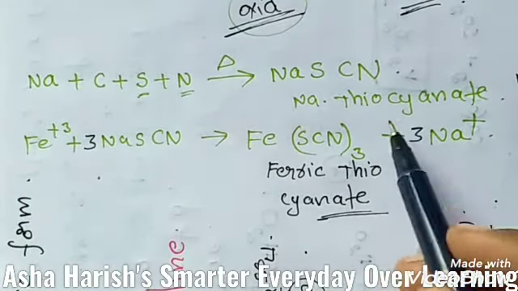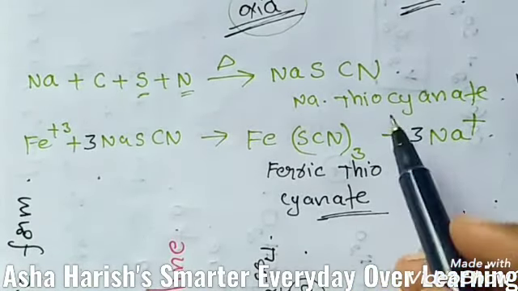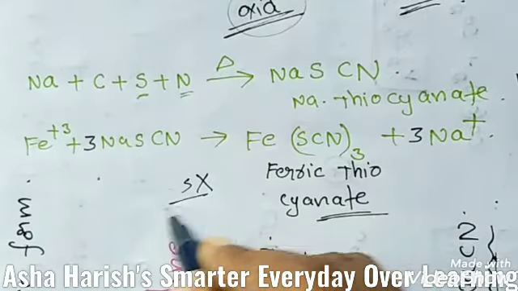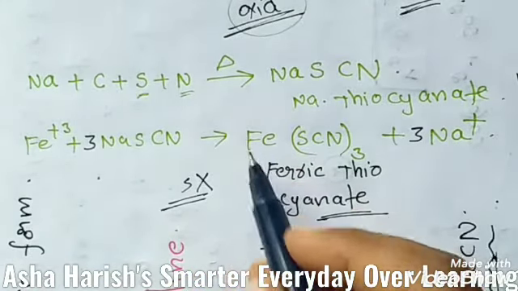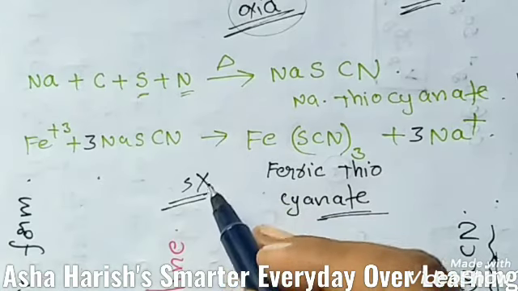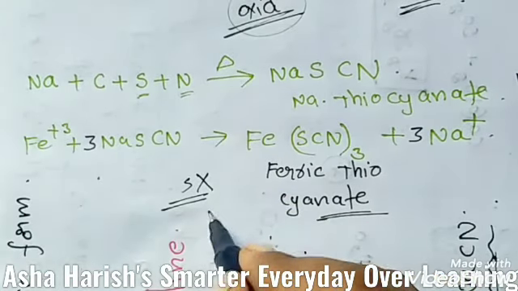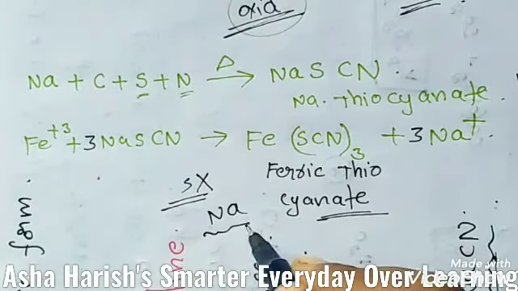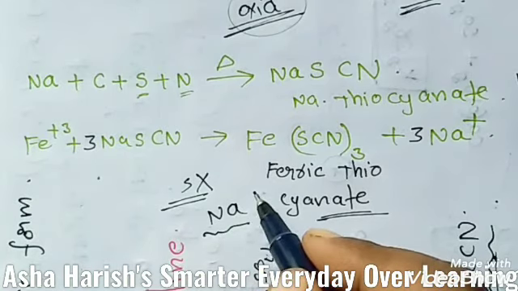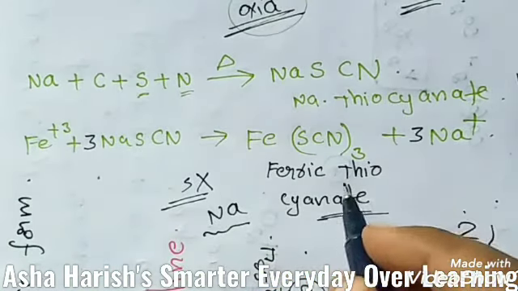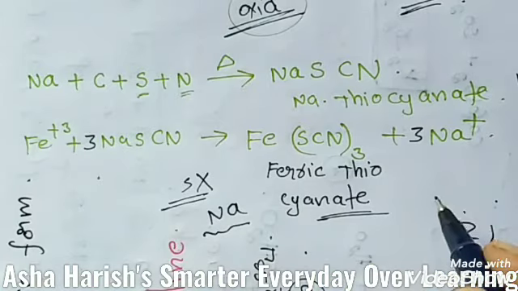But the absence of blood red coloration does not necessarily mean that sulfur is absent. In the presence of excess sodium metal, sodium thiocyanate decomposes to form sodium cyanide and sodium sulfide.